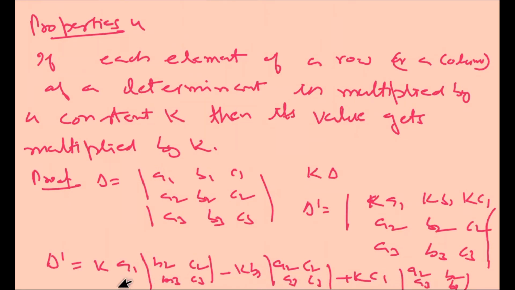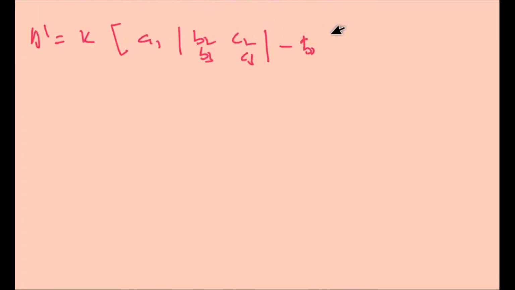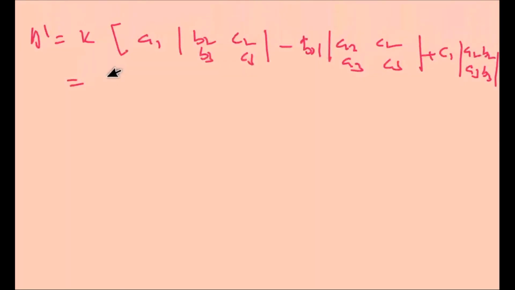Okay, now taking k common, what we get? Delta dash equal to k in bracket, a1 times b2 b3 c2 c3, minus b1 times a2 a3 c2 c3, plus c1 times a2 a3 b2 b3, that is equal to k delta.